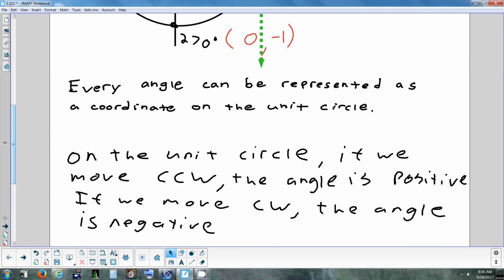We can go counterclockwise, and we can go clockwise. If you measure an angle counterclockwise, it's positive. And I think I already mentioned this in the notes last week. If you measure an angle in the clockwise direction, then that's a negative angle.